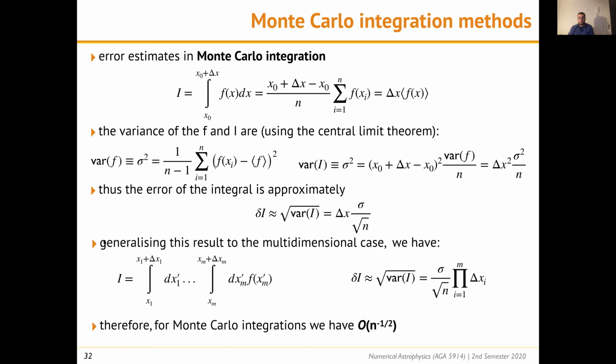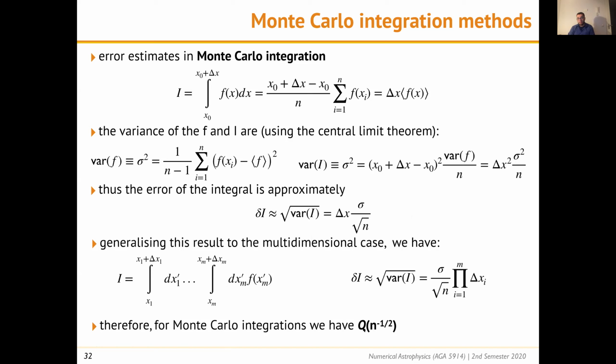for this algorithm. And if we generalize this result for the multidimensional case, it's essentially just one integral over different variables. The error is essentially just the product of delta xi, where i just runs over the dimensions. Therefore, what we can say is that Monte Carlo integrations have a performance of O, so a complexity, n to the minus 1/2.